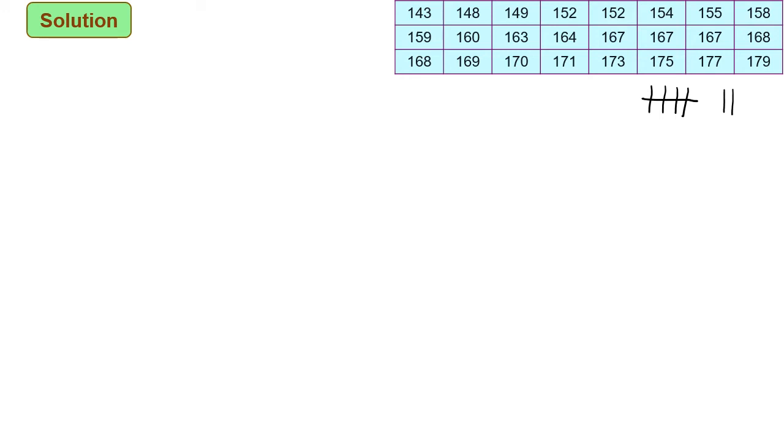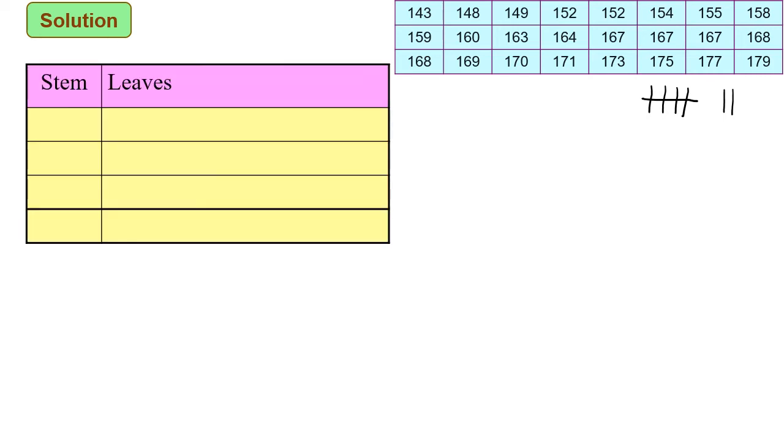So for stem and leaf, this is the table. Remember, if we have 3 digits, the stem will be the first 2 digits. So for 143, the stem will be 14, for the first stem. And then following at the back here, the leaves.